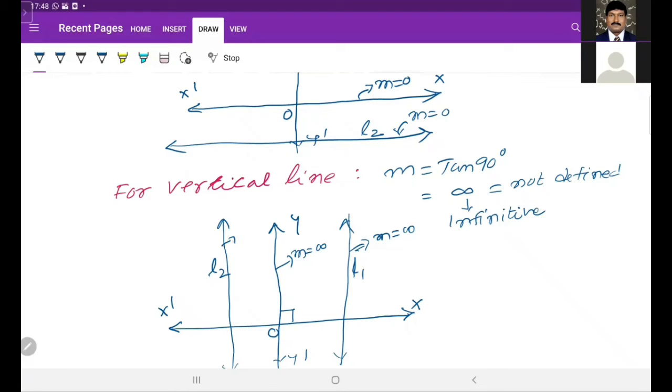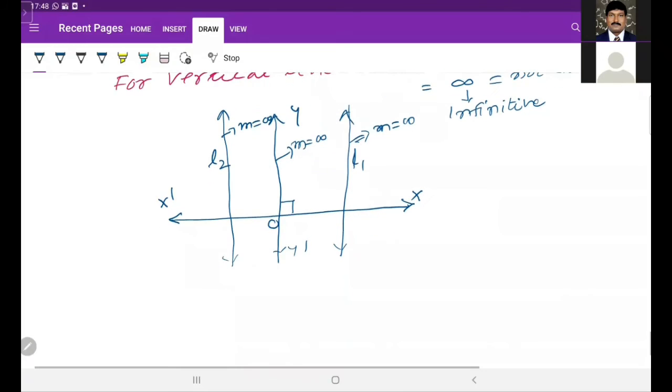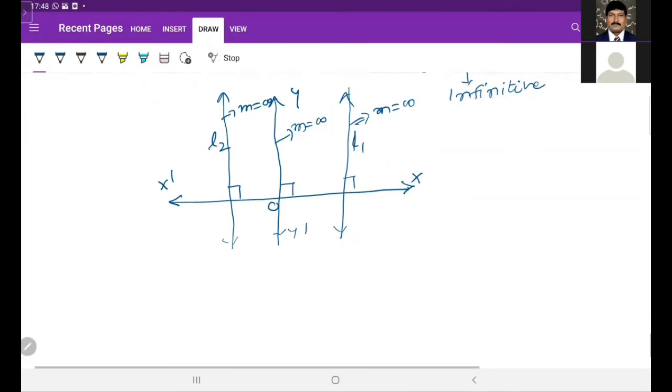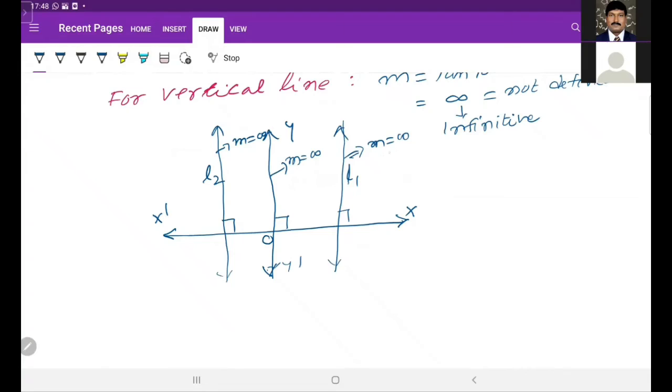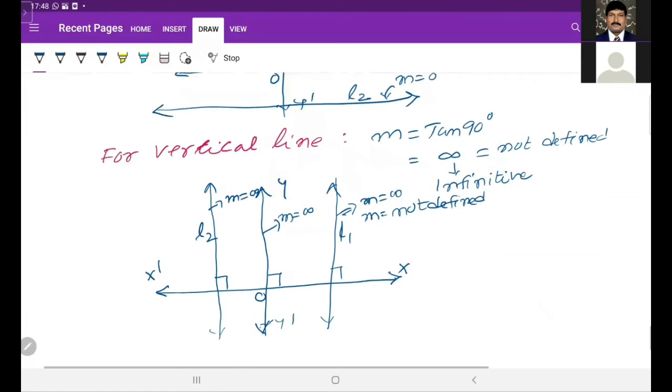It is also slope infinity. Understand? Any doubt? Because the inclination is 90 degrees for all. Okay? The y-axis is also a vertical line. Slope is not defined. M is equal to infinity, which means not defined. Understand? M is not defined for vertical lines.